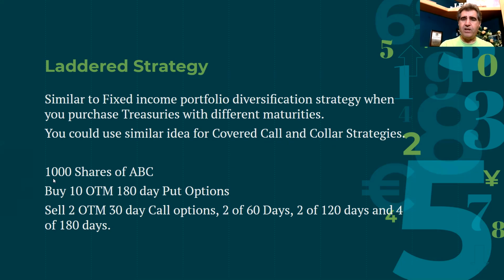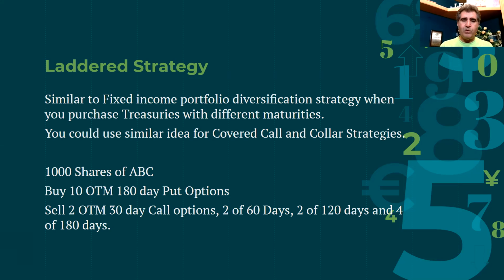So let's say you have 1,000 shares of ABC, and you know that you want to protect that and you're concerned for the next 6 months. For 180 days, you think that there is a good chance that ABC can go down, whether it's with seasonality or whatever it is, but you really like this ABC and you've got some good gains on it. So you want to protect those gains.